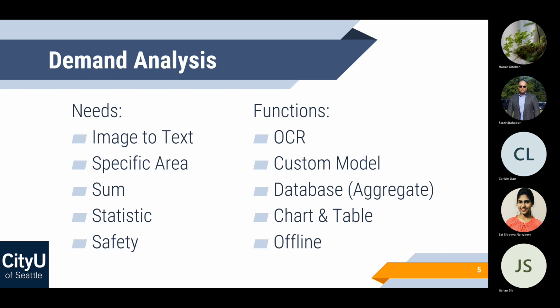I said, okay, I can provide methods to solve these problems. I can use OCR to achieve the image to text conversion. Next, I can provide the ability to recognize user-specific areas. The summation I can implement with the help of the database aggregation function.